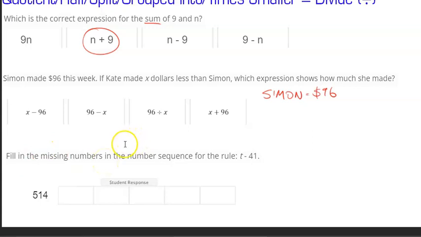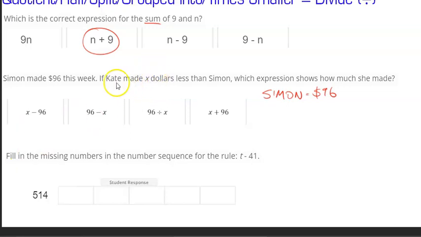If Kate made X dollars less than Simon, which expression shows how much she made? So Kate made X dollars less. So we know we've got this less, so there's a takeaway. So X dollars less than Simon. So 96 take away X is what she would have made.